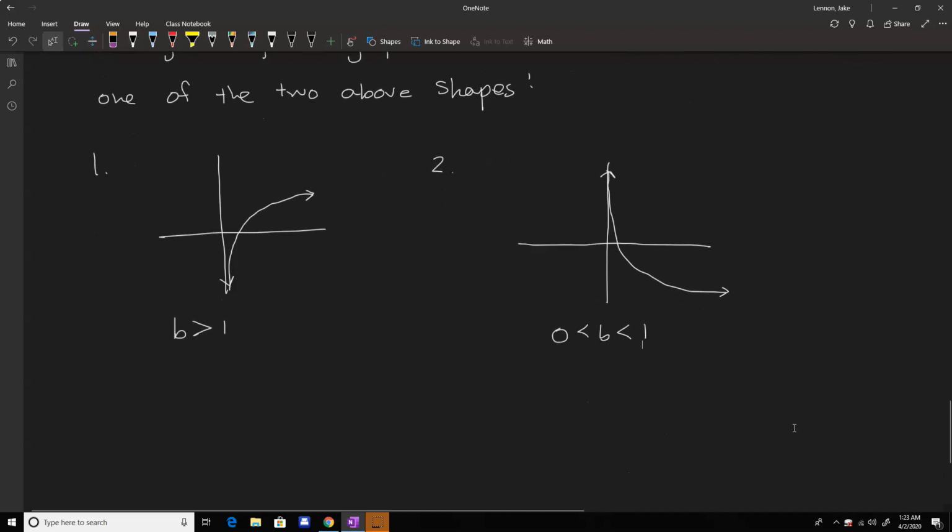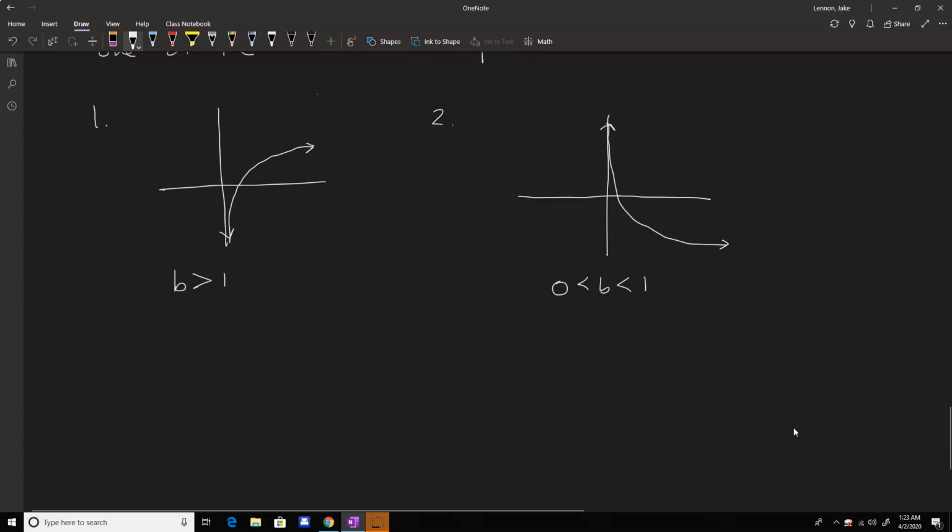So those are the two shapes. What about some properties? We can list a few properties of y equals log base b of x.